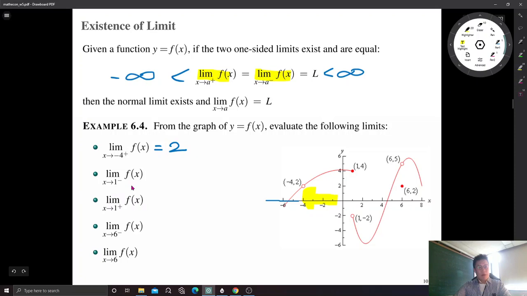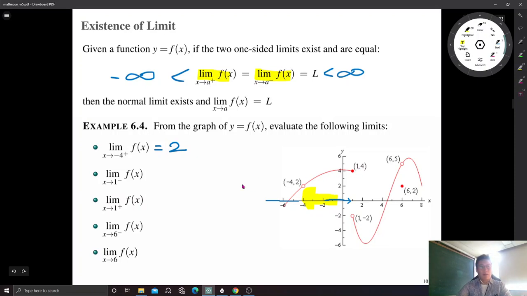And in the second problem, x approaches 1 from the left. So 1 is right here. So x is approaching this number 1 from the left, and the function is heading toward this point, (1, 4), whose y coordinate is 4.